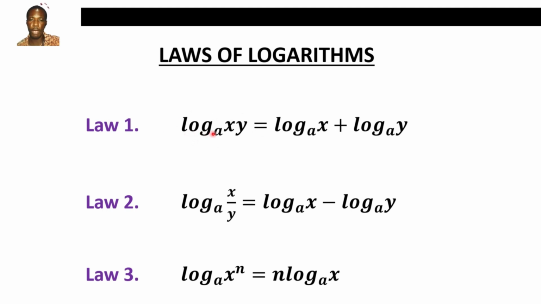So if you have log xy to a common base a, then we can write it as log x to the base a plus log y to the base a.